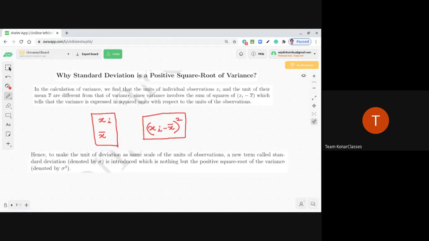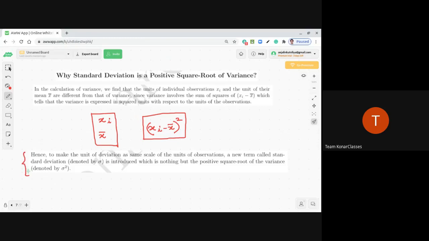Correct? So to make the unit of deviation the same scale as the unit of observations, a new term called standard deviation, denoted by sigma, is introduced, which is nothing but the positive square root of the variance, denoted by sigma square.